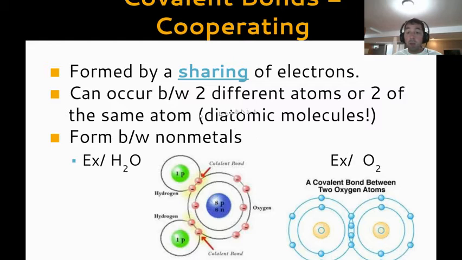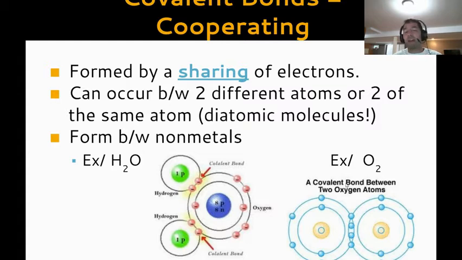Okay, these types of bonds can happen between 2 different atoms or 2 of the same atoms, like we were just talking about with the oxygen atoms down here. Now, when you have 2 of the same atoms bonding together, that is called a diatomic molecule. We talked about in previous videos, anytime you have 2 atoms bonded together, that is a molecule.